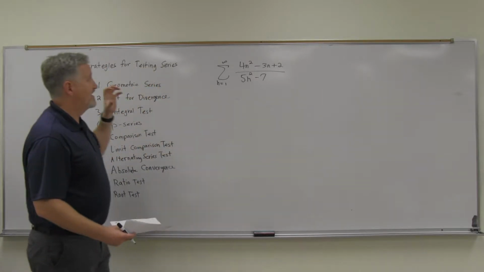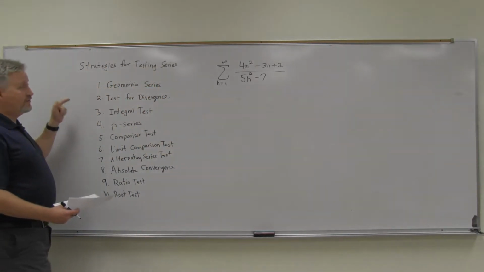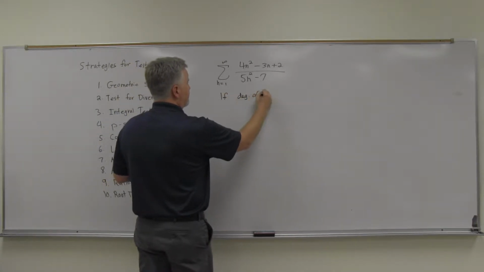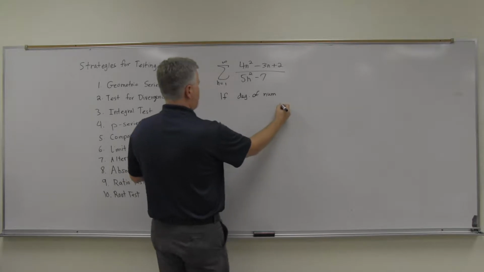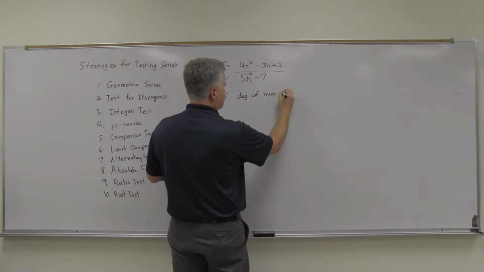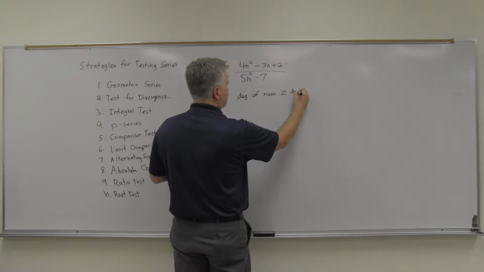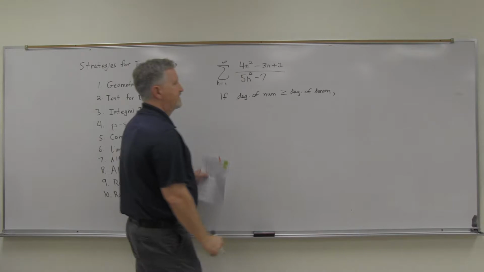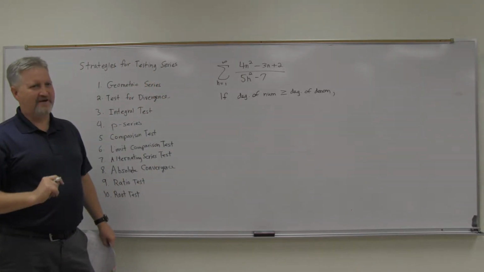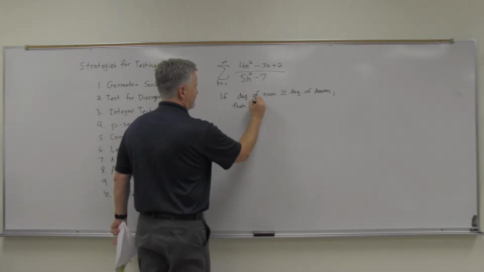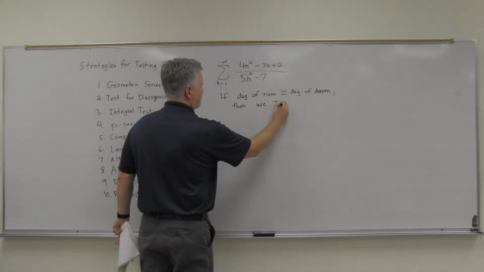something that you look at, because if the degree of the numerator, let's say, is equal to or greater than the degree of the denominator, then that's a strong indicator for the test for divergence, TFD.